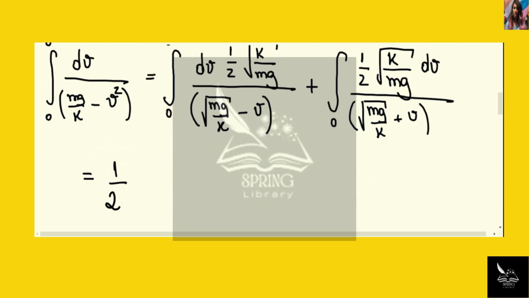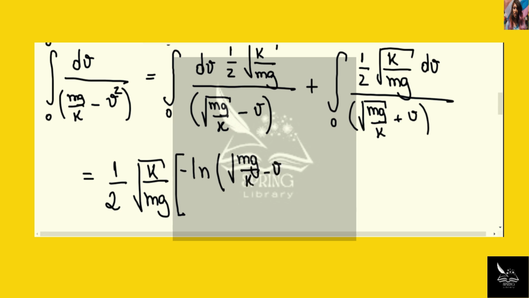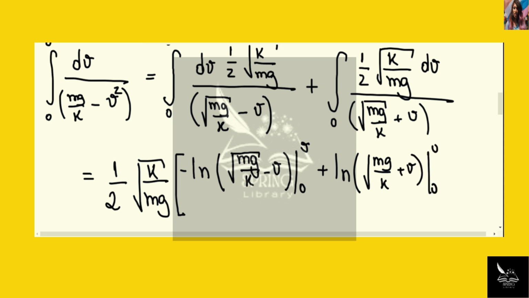So we have 1/2 the square root of k over mg times minus the logarithm of the square root of mg over k minus v, from 0 to v, plus the logarithm of the square root of mg over k plus v, from 0 to v.